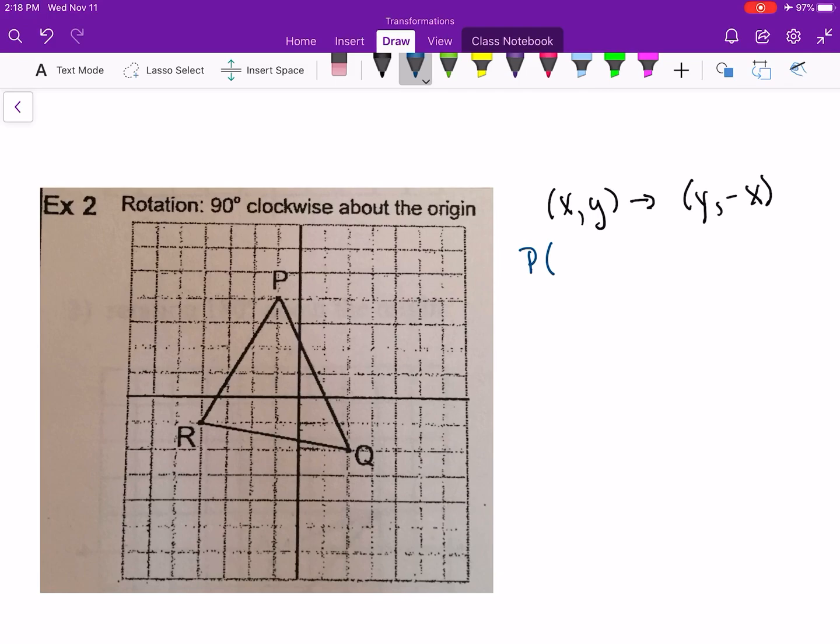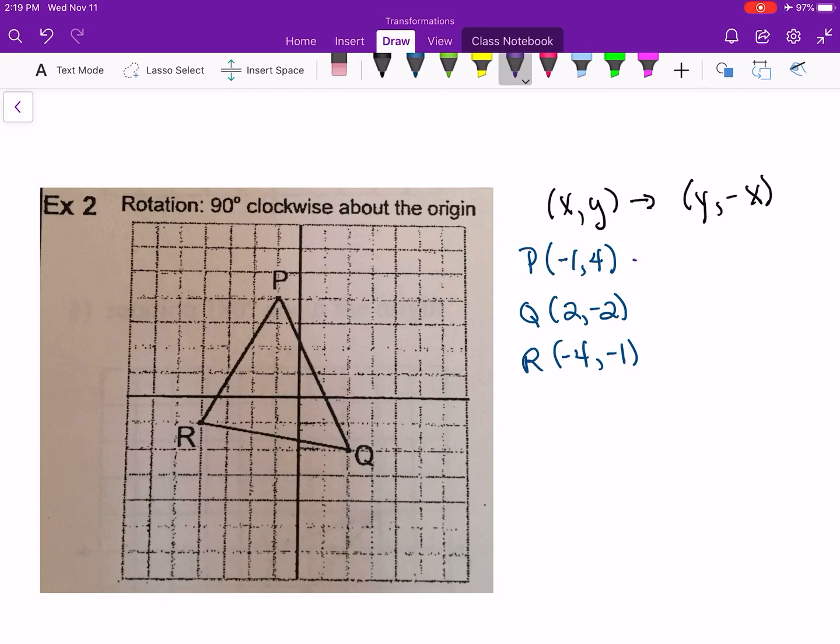Point P is negative 1, up, looks like 4. So negative 1, 4. Point Q is 2, negative 2. And point R is 1, 2, 3, 4, negative 4, negative 1. And again, all you're doing there is counting, just counting.